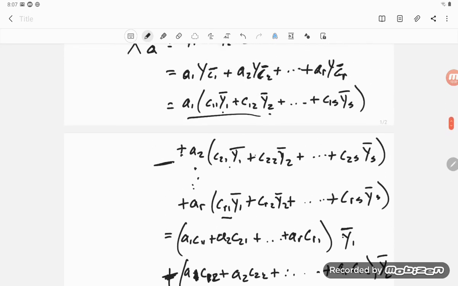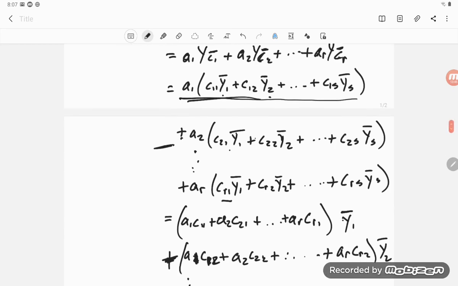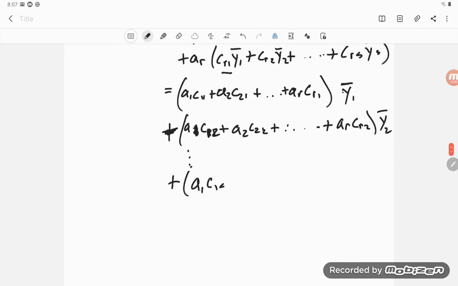Okay, so back here, I'm looking at the top row first, so it's A1 times C1S plus A2 times C2S plus, and I keep going down those rows until I get to the last one, AR CRS, and that's all times the YS. And so there I have my linear combination of the Y's.